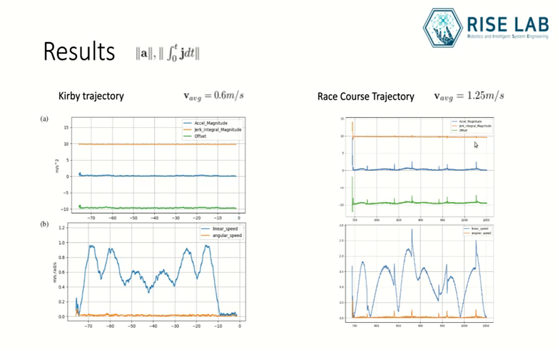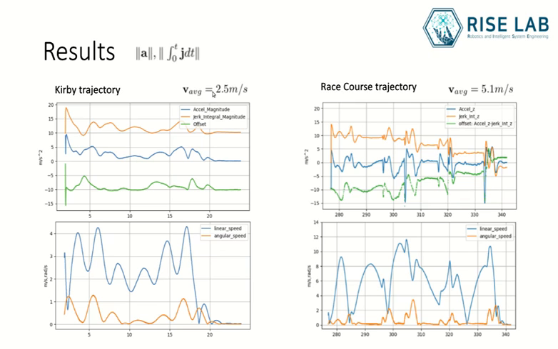Going higher in speeds, the green curve representing the offset between the acceleration and the integration of the jerk is almost constant. However, there are some peaks exactly in the moments where the angular acceleration has the same peaks. So we see the effect of the angular acceleration.